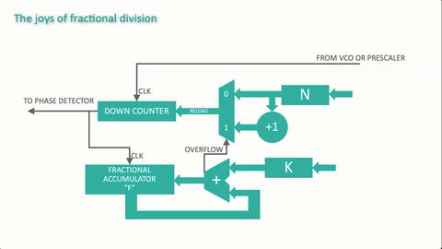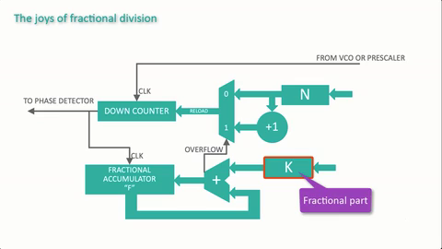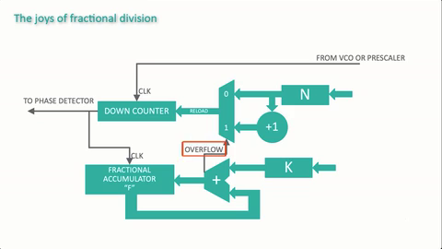We make that decision by adding a constant, K, to the previous value of the accumulator. The K value determines the fractional part of the fractional N divider. If the addition operation results in an overflow, then the multiplexer selects the N plus 1 reload value. But if the result doesn't overflow, then the multiplexer selects N as the reload value.